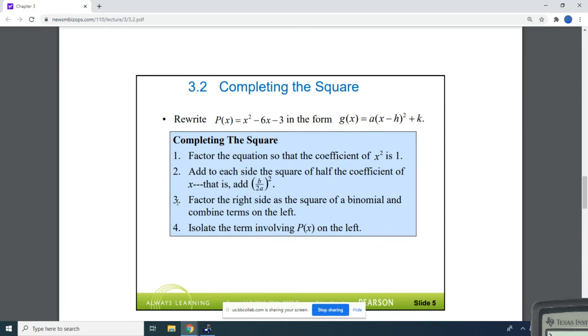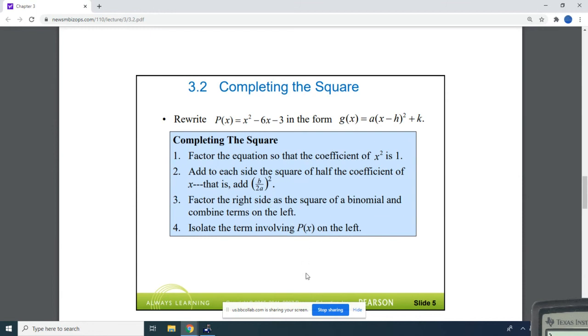Lastly, we can rewrite our completed square as a perfect square trinomial, and then we have what's called vertex form. Now we're actually going to see an example of these steps in action.